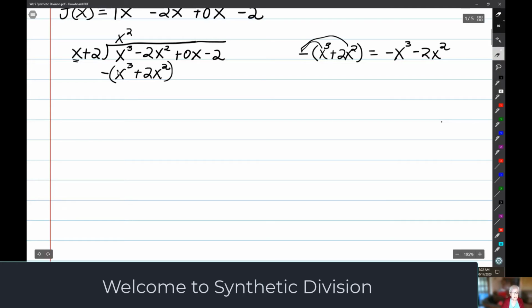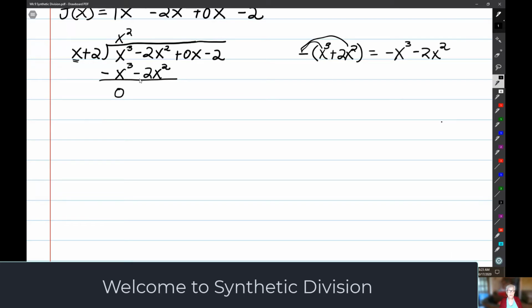So I'm going to erase my parentheses and the plus sign there. Oh, I could have left the minus part. And I'm going to write this down. And then I'm going to say x to the third minus x to the third is 0.